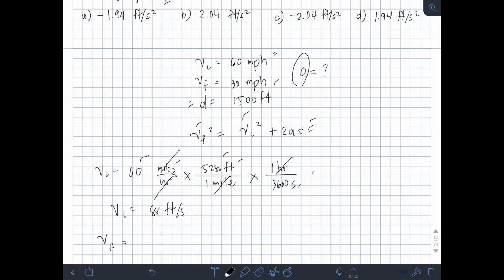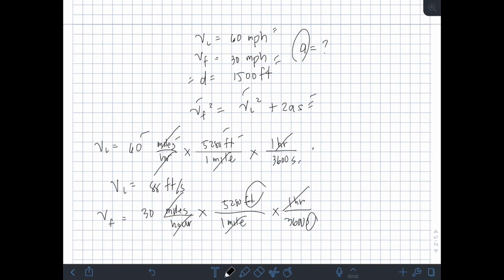Sakto. Ganon din kay VF, right? So, this time, ang value niya is 30. 30 miles per hour. Times same conversion factor, 5,280 feet per mile, 1 mile, times 1 hour per 3,600 seconds. So, cancel, matitira is feet per second.